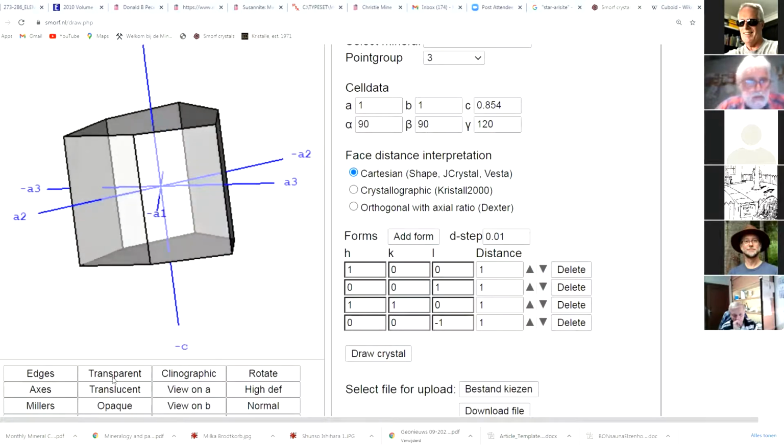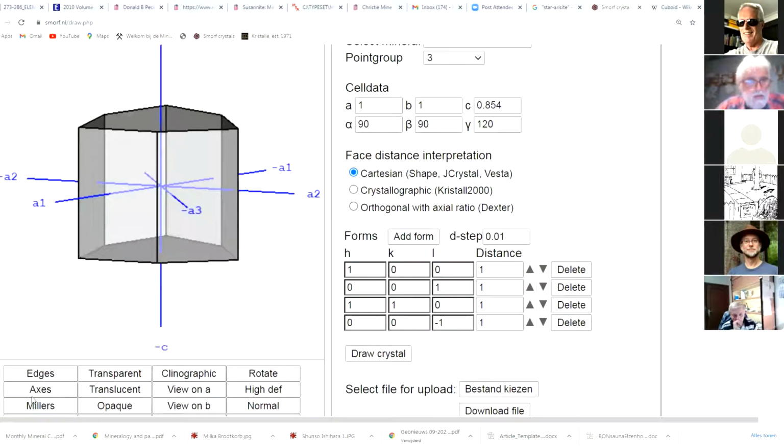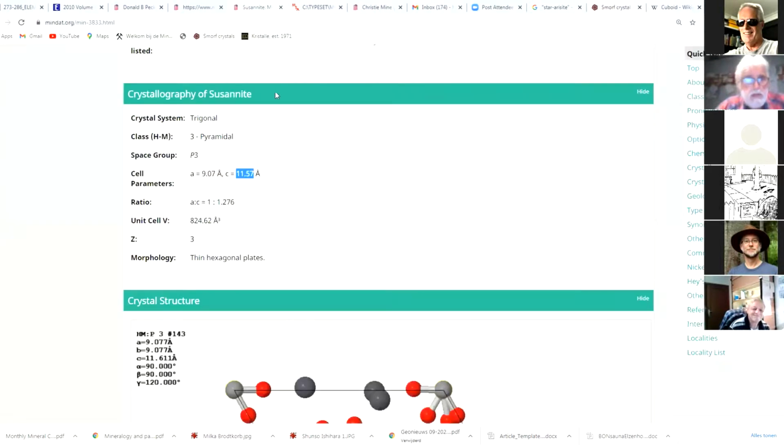Let's see, if we put it on Clinographic and we click on mirrors, it has the 110 and the 0, 100. Yeah, okay. Herwig, all right. Herwig, yes. Is your cell data not right now? My cell data is wrong again, yes, but okay, let me change the cell data again.